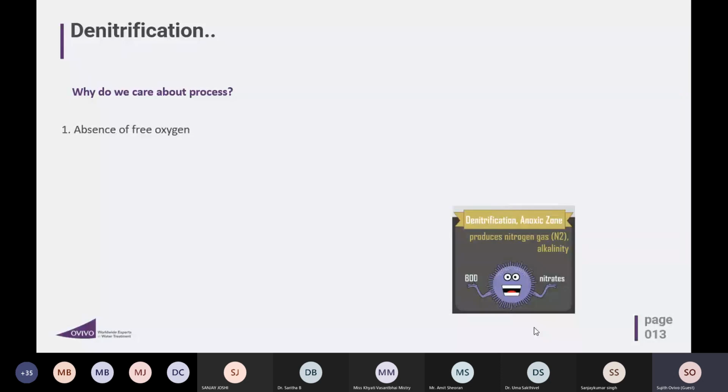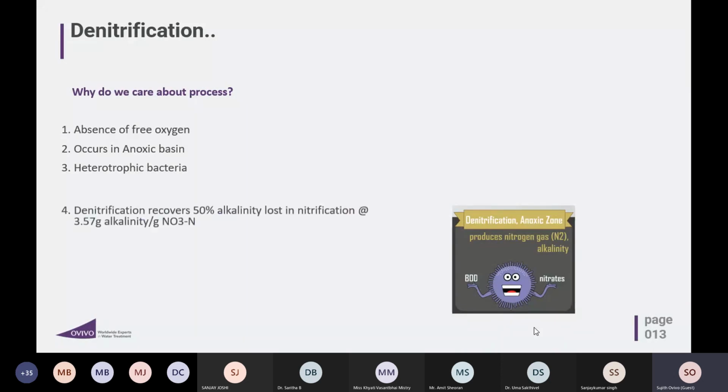There is no oxygen given into the anoxic tank. Typically, this is a heterotrophic bacteria which doesn't need much oxygen to work. So it is a separate bacteria which takes care of denitrification.